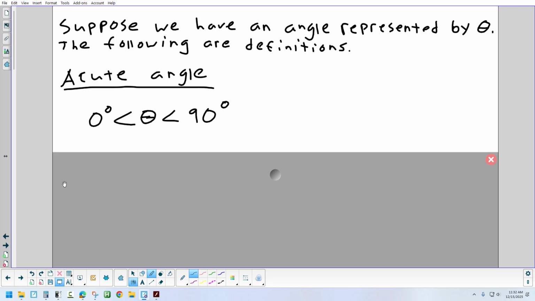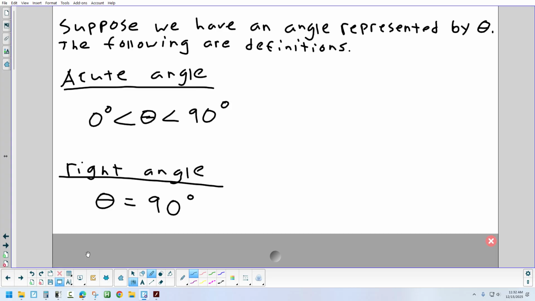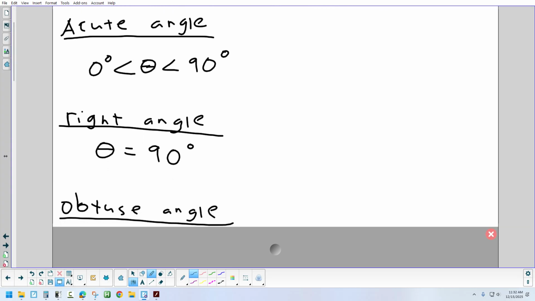What do we call the angle if it's exactly 90? Right. Yep, so that's a right angle. How about an obtuse angle? What's that? Obtuse angle. It's positive.